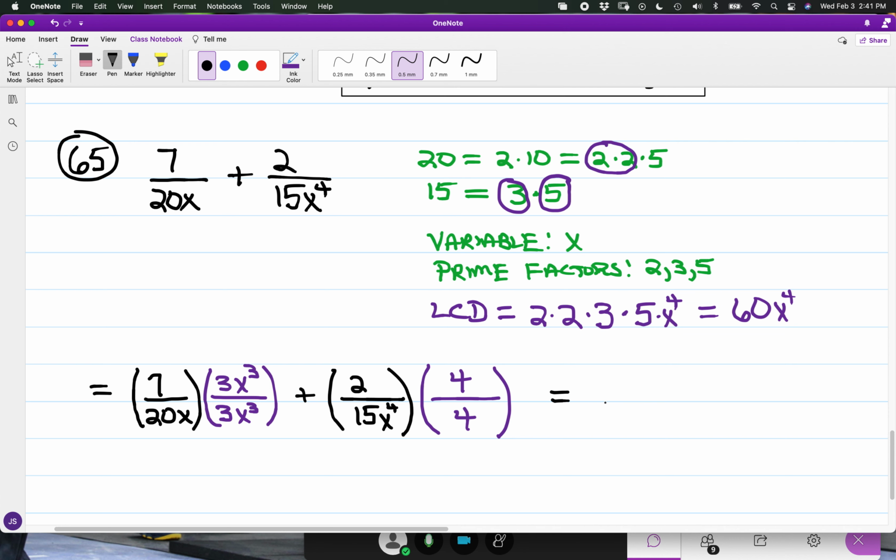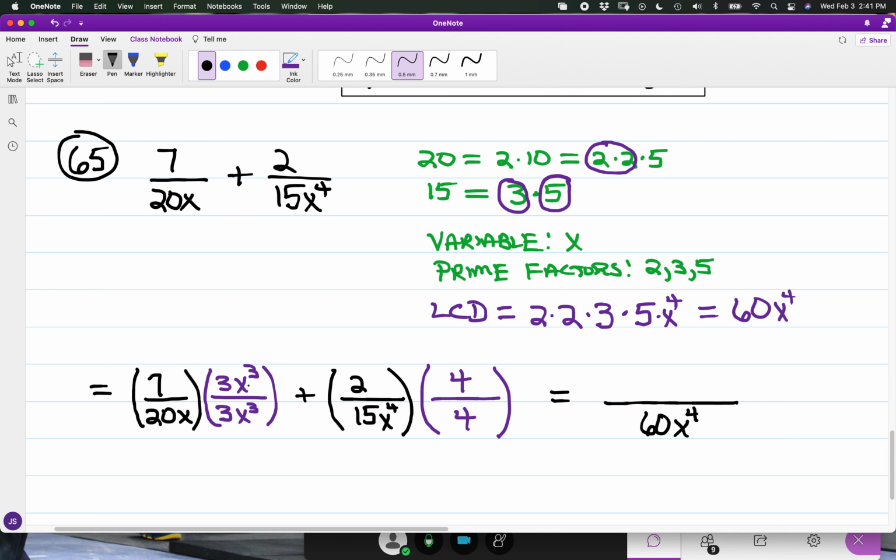Upon multiplying and combining, 20x times 3x cubed multiplies out to the same thing as 15x to the fourth times 4. 20 times 3 is 60, 15 times 4 is 60, and x times x cubed is x to the fourth.